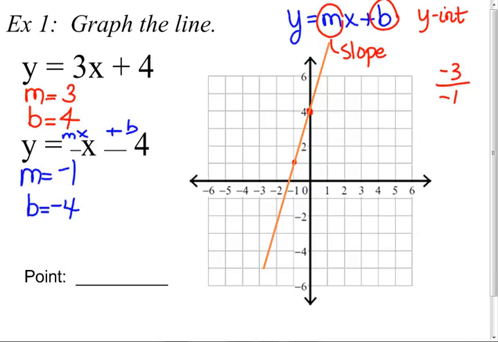Peter, where do we begin? -4 where? On the y-axis. Good. And now I have a slope of -1. Colin, where am I going to go next? We're graphing on our iPads. Where are we going to go next? Good. Since you did it, slope is -1, so you tell me how to do that.